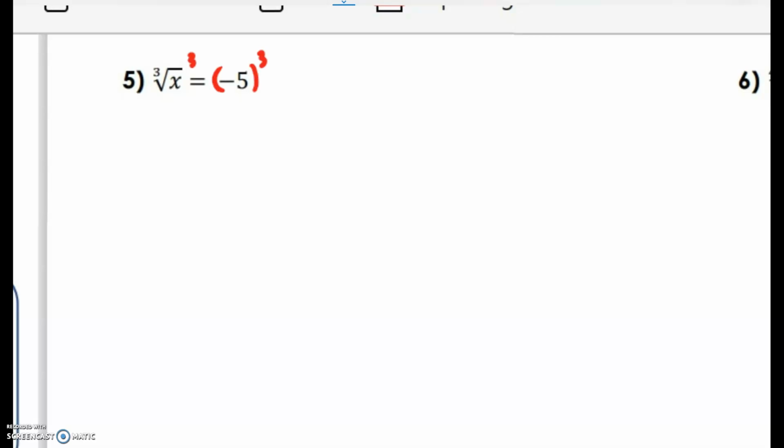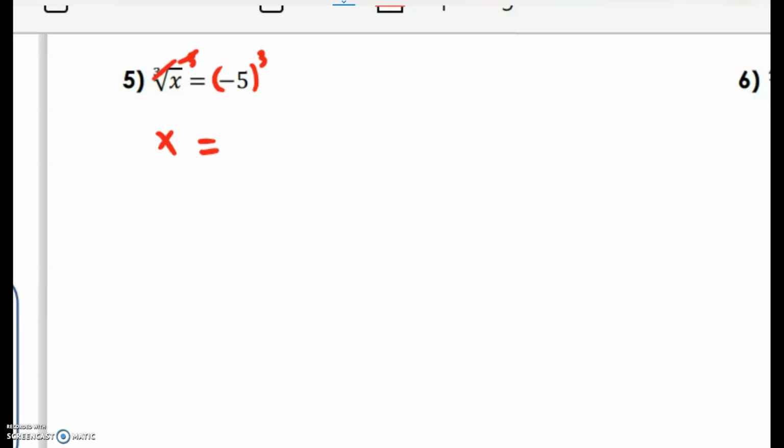And remember, when you raise that side to that power, think of it as in parentheses so that you're taking everything to that power. All right, so when I do the cube root cubed of x, that's just x. And -5 cubed is 125.